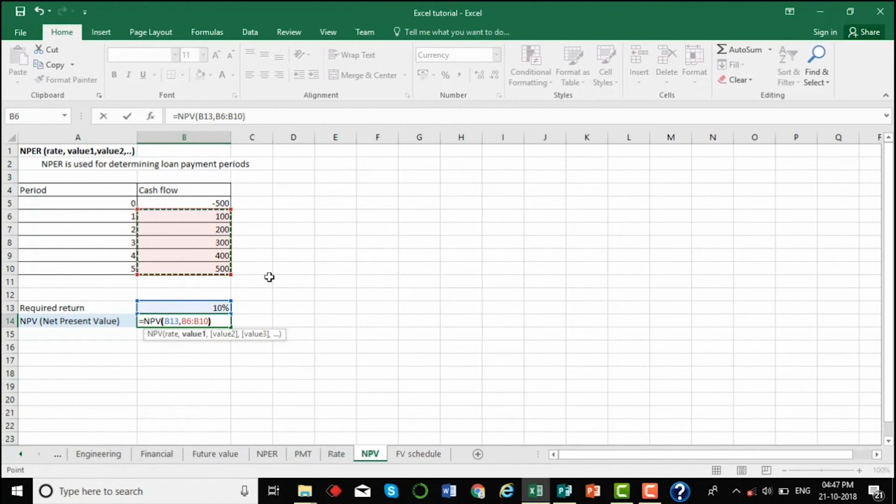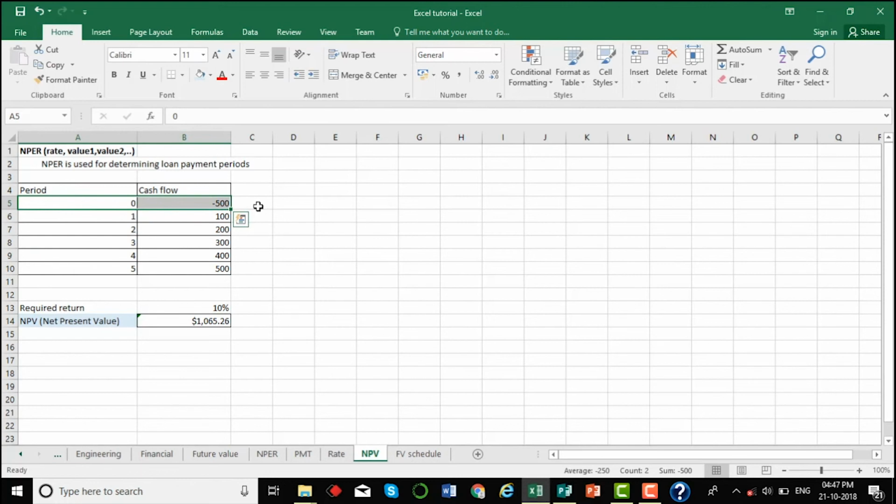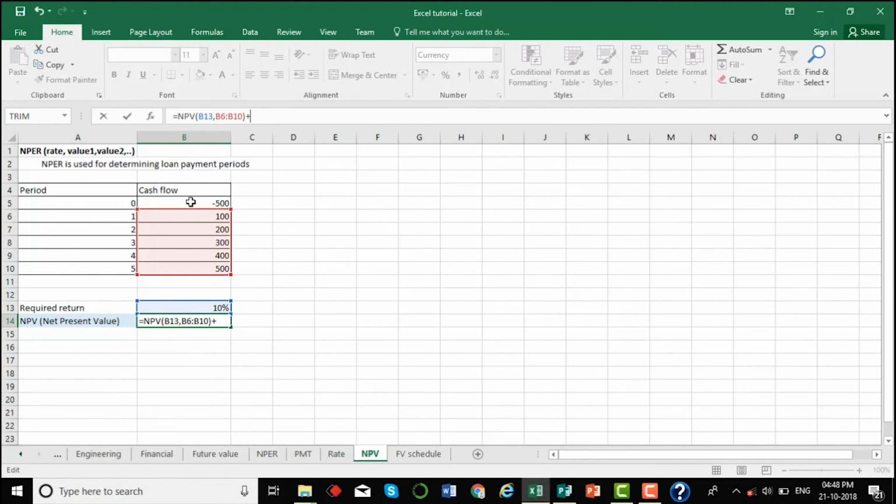Close parenthesis, enter, and we have the net present value is $1,000, from which I have to remove the cash flow, minus $500, which is already done. So since it's negative, I'm taking it as plus the cash flow, and enter, and then we have $565 as my net present value.